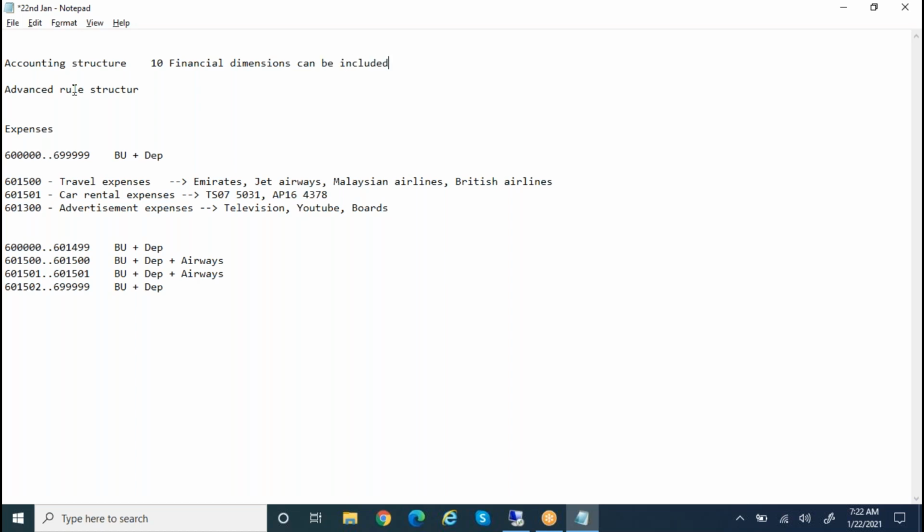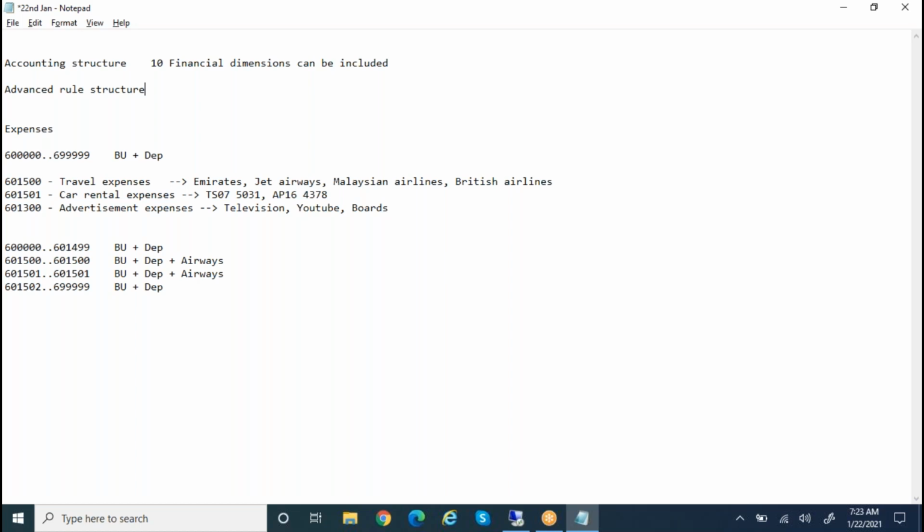Okay, now people will ask, what is the function of the advanced rule structure? People will say only 10 financial dimensions are available to configure in the accounting structure, and if you want an 11th one, I will use this advanced rule structure. This is a comment made by many people.